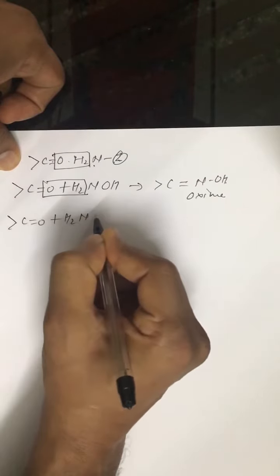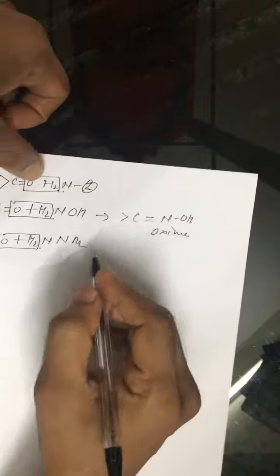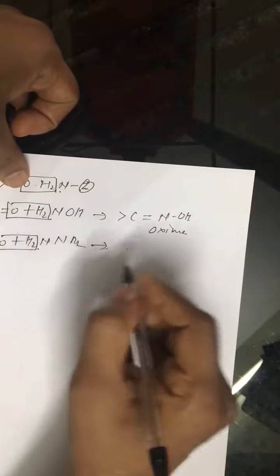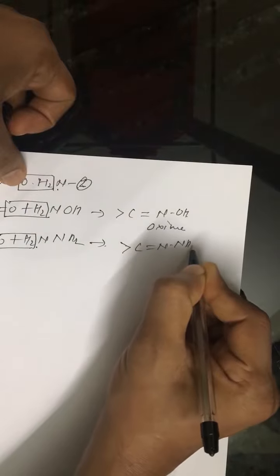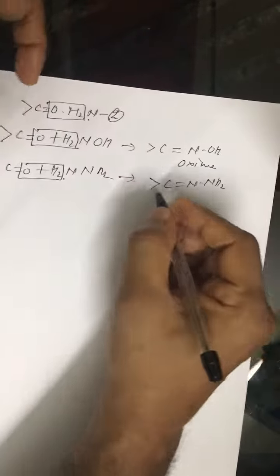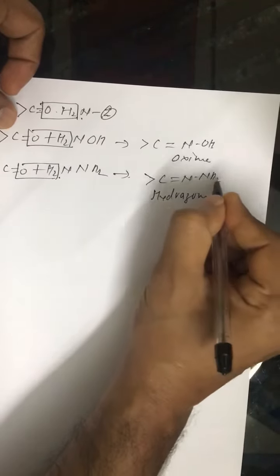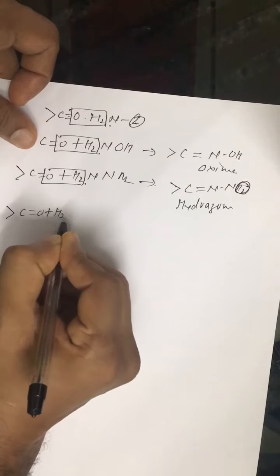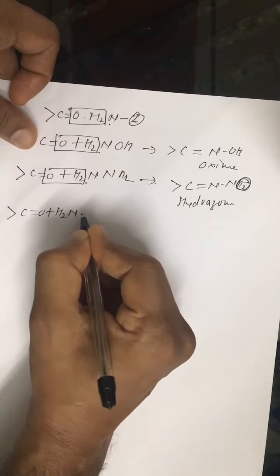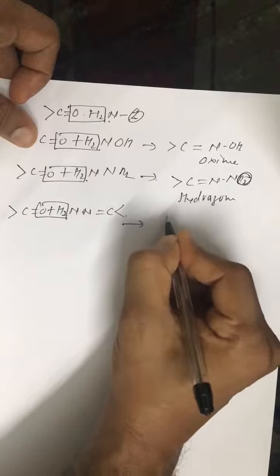If it is hydrazine, NH2NH2, the product is called hydrazone. In hydrazine, since we have another replaceable hydrogen, it can combine again, H2N, N double bond C like this, and this product is called azine.